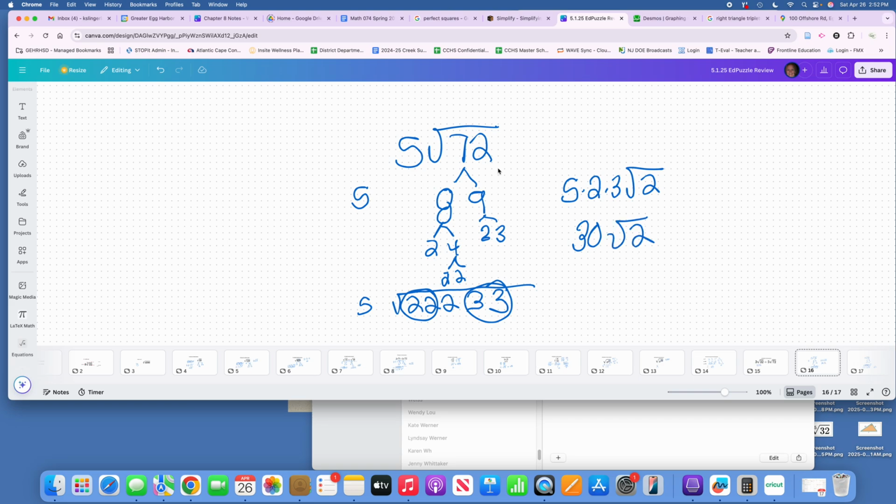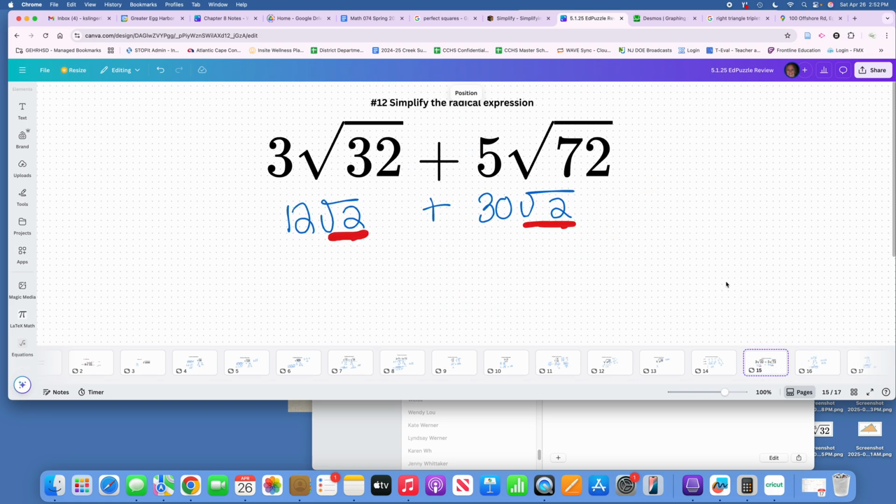Okay, so now I'm going to go back to my original problem. I changed this to 30 radical 2, and I'm still adding these together. Okay, so the coefficients can be added because the radical is the same number.